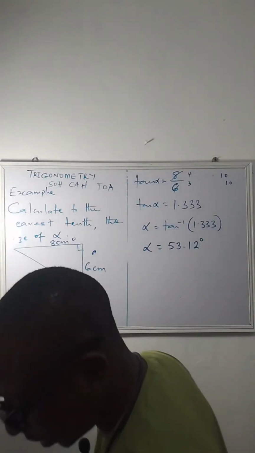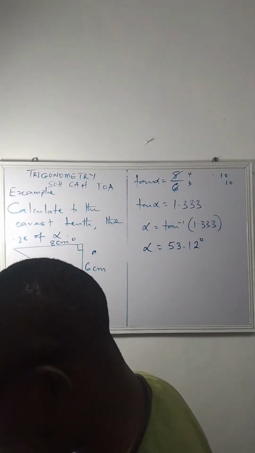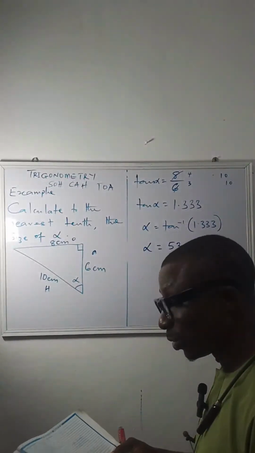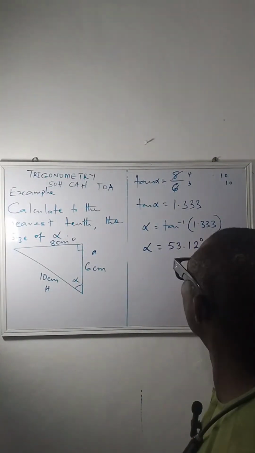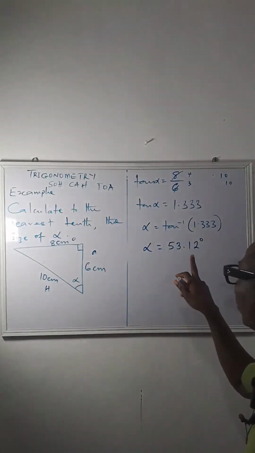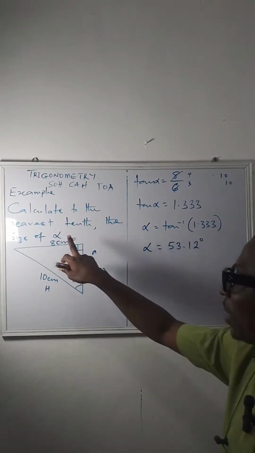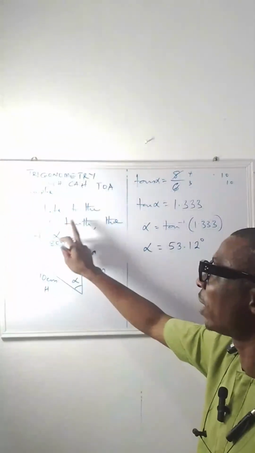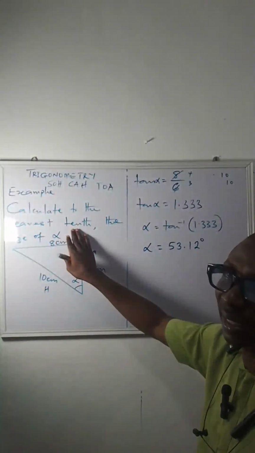All right, can we move down to another question that looks like it? Immediately after this, I'm going to give you yours to try. But then we are not done with this. If you look at the question, it asks you to convert the answer to the nearest tenth.